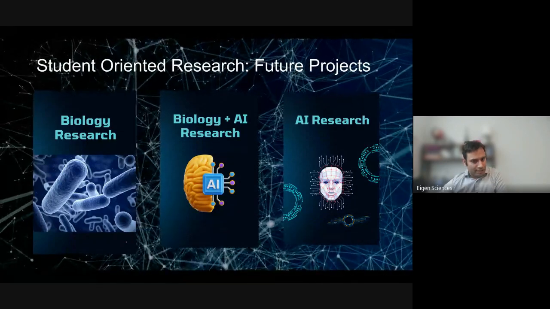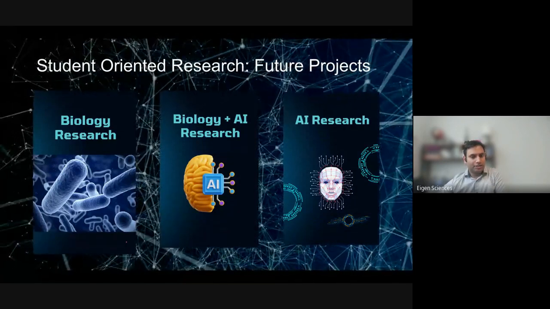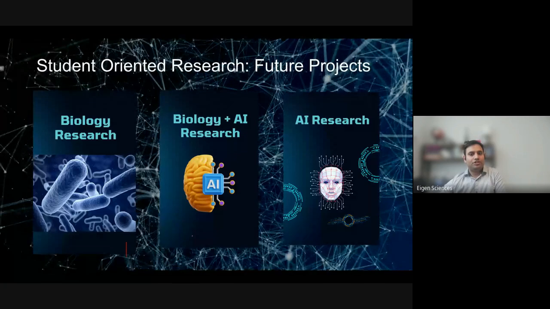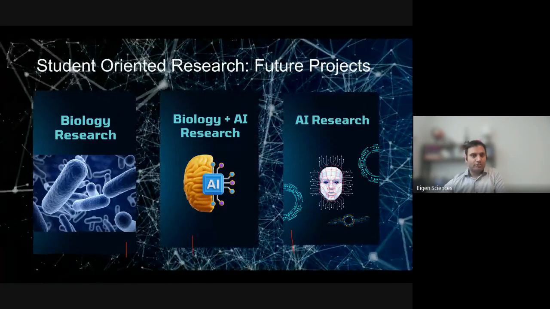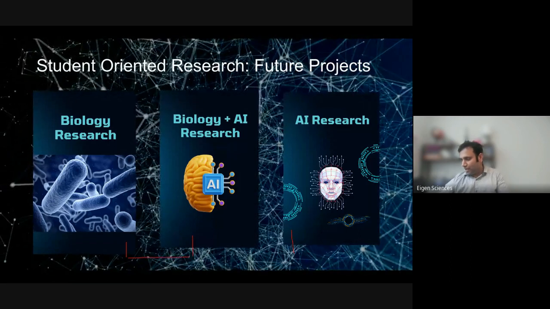There are three different types of research topic projects: biology research, biology and AI oriented research, and AI research only. Kids who are inclined towards biology, or more towards pre-med, prefer biology research or biology and AI research.